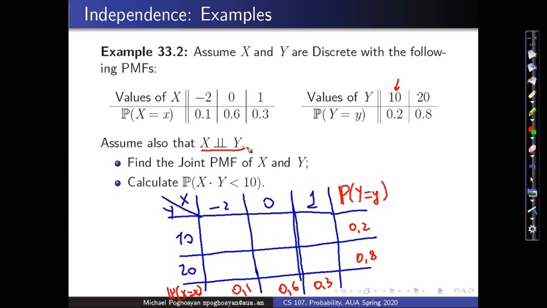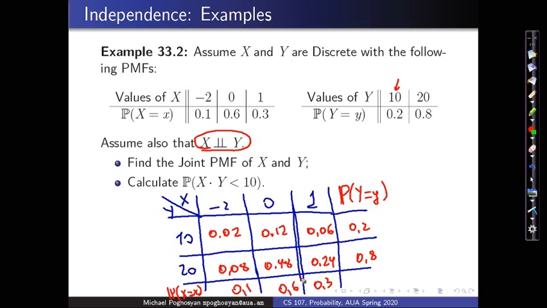Because I know that X and Y are independent, now I can fill this table. Here I will write the product of the corresponding row and column marginal probabilities: 0.02, 0.12, 0.06, 0.08, 0.48, and 0.24.